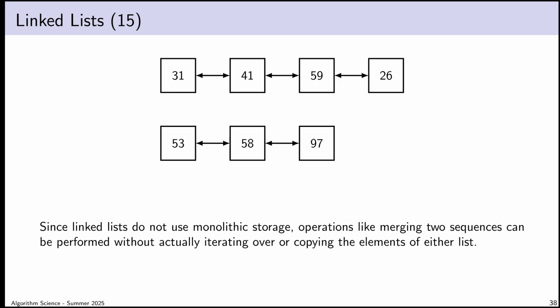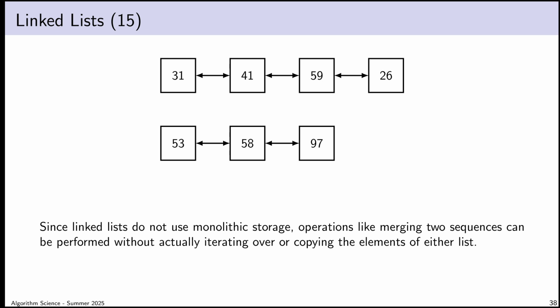Now, because linked lists don't have monolithic storage, not only is it easy to insert stuff, because I can insert by just splicing things in and rewiring, a couple of other operations become really easy, because I can merge two sequences together without iterating over them. I don't even have to look at the elements of each sequence.